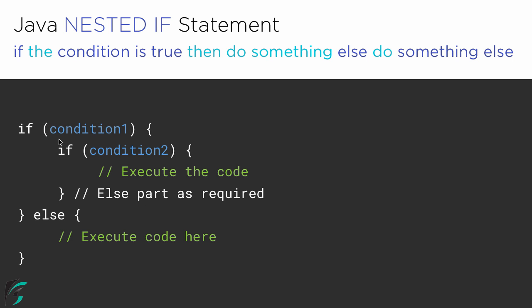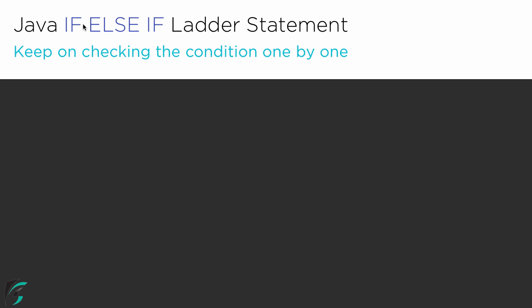Now if condition 1 is false, then the control will fall into the else condition to execute the code written there. So if condition 1 is false, then condition 2 or the code within the nested if statement won't be executed at all. And now proceeding forward, we have the Java if-else-if ladder statements.